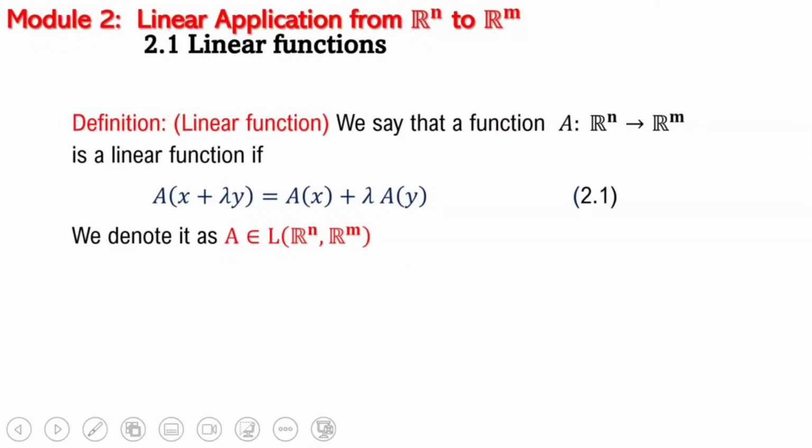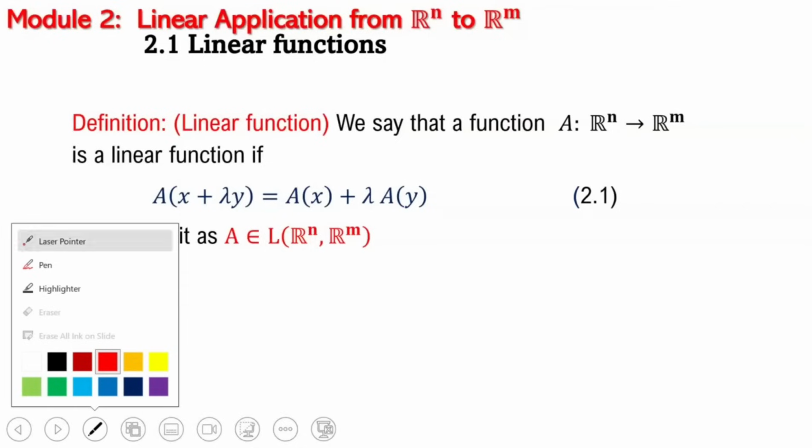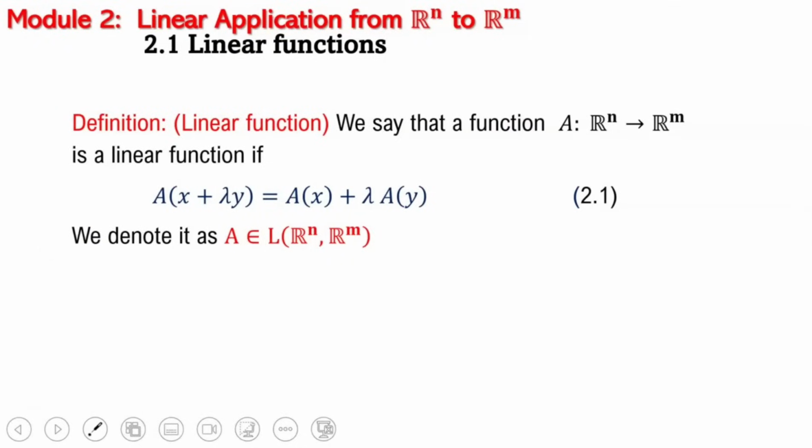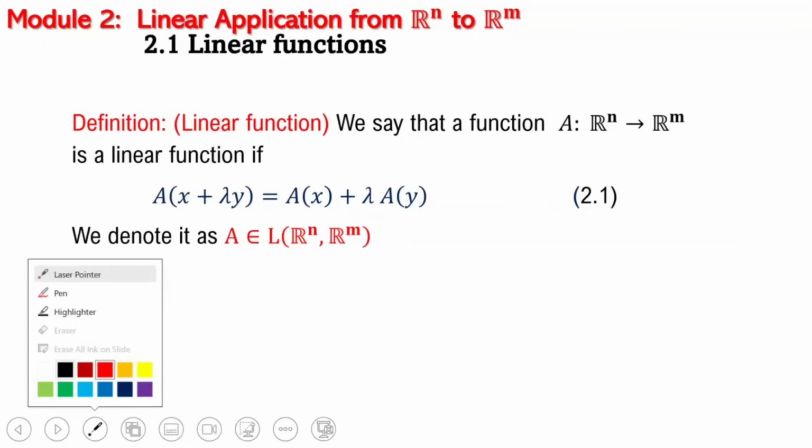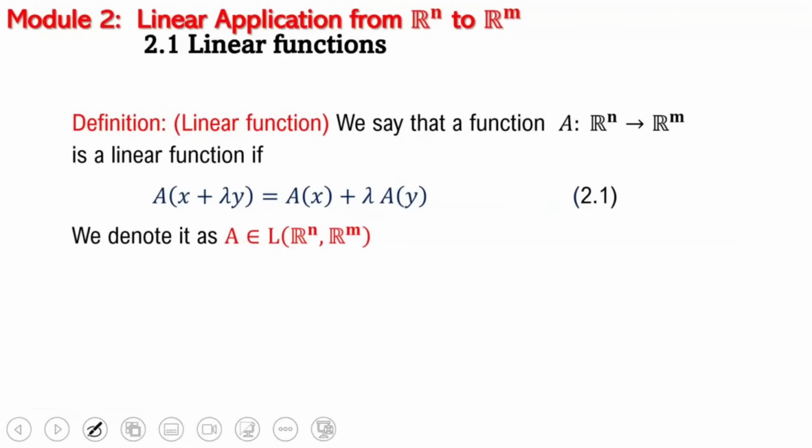So we say that A from Rn to Rm is a linear function if A(x plus lambda y) can be written as Ax plus lambda Ay, and we denote it as A belongs to L(Rn, Rm).